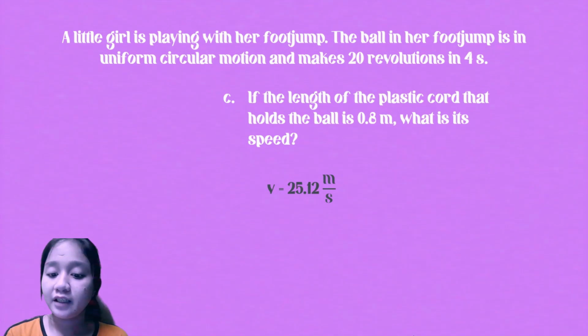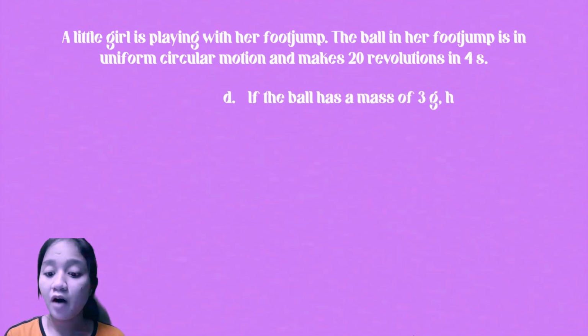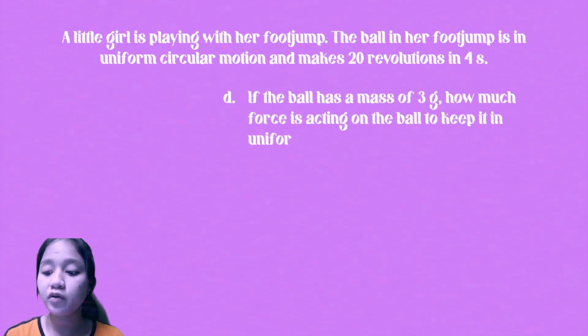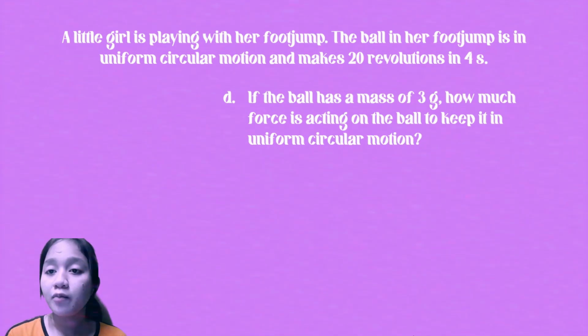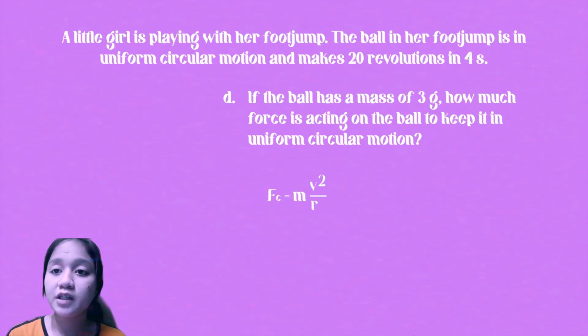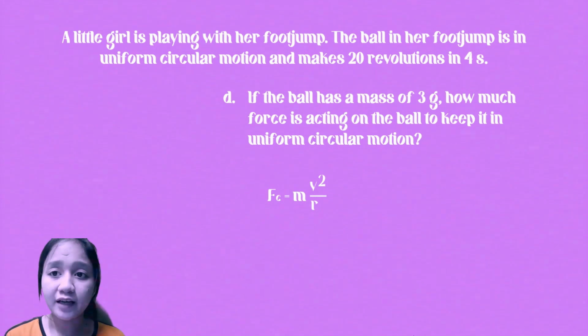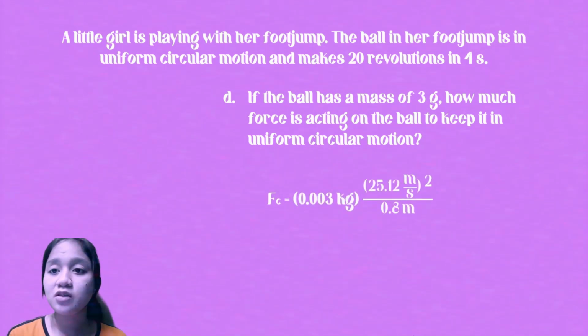For letter D, if the ball has a mass of 3 grams, how much force is acting on the ball to keep it in uniform circular motion? We're going to use the formula for centripetal force, which is F sub c is equal to m v squared over r. But before that, we first convert the mass, which is 3 grams, into kilograms by multiplying 3 grams by 1 kilogram divided by 1000 grams so that we can cancel the units, and then we get 0.003 kilogram.